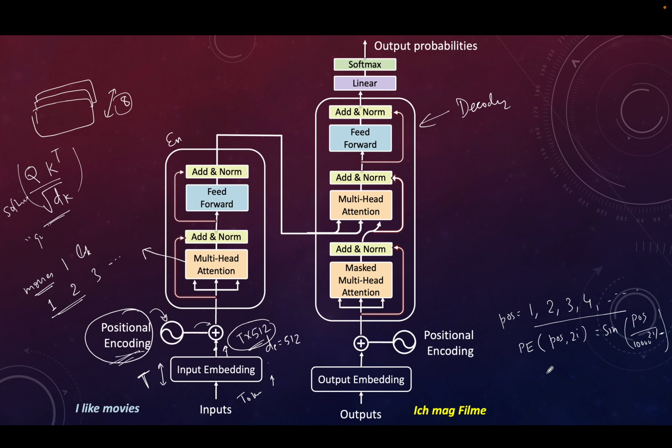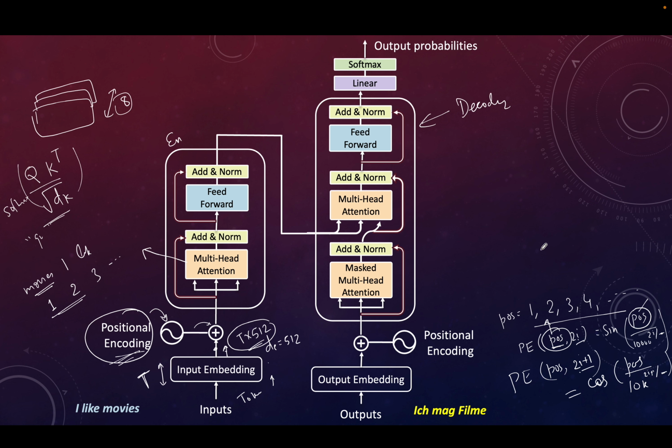So if position is 1, this numerator will be different. And for the 2i plus 1th position, they were taking cos of position divided by 10,000 raised to the power 2i plus 1 divided by something. So i starts from 0. Initially i will be 0 and 1, then next will be 2 and 3, and so on. This position will take a value of 1, 2, 3, 4, and so on.